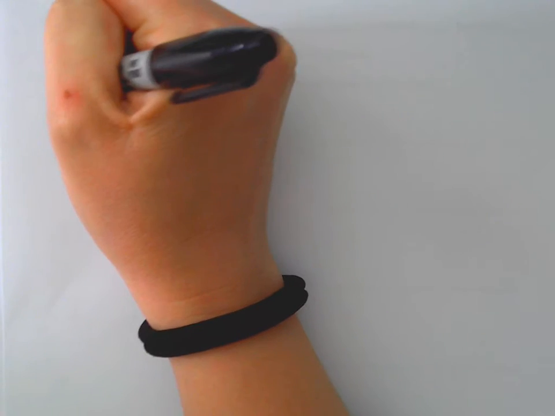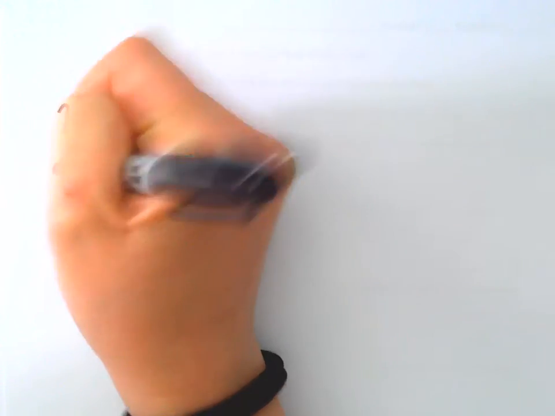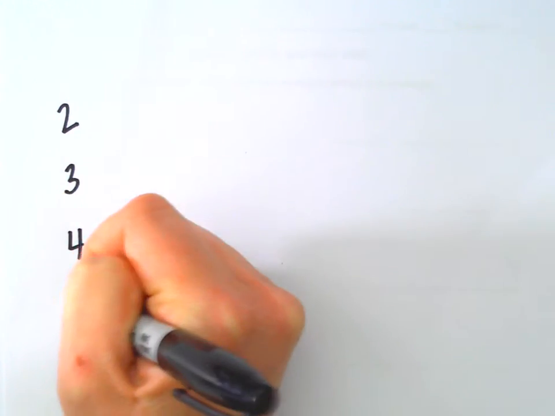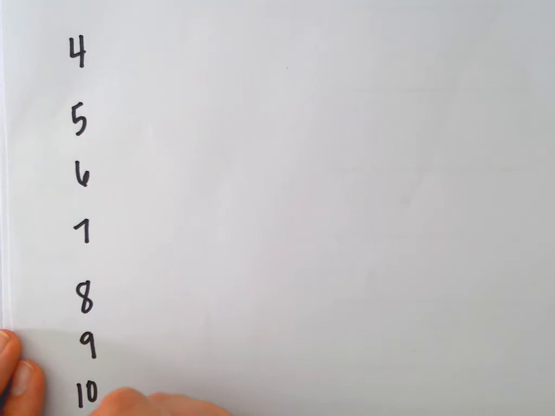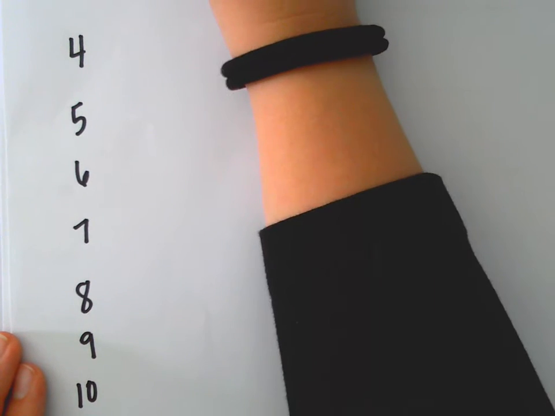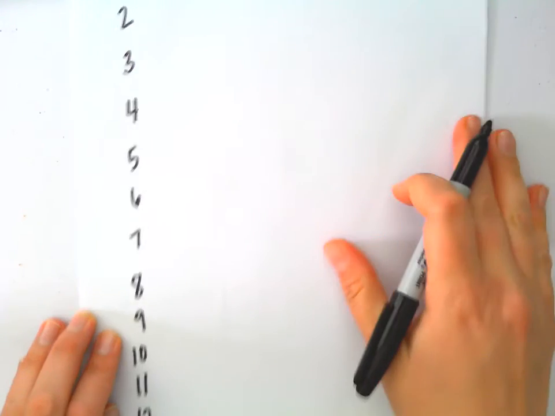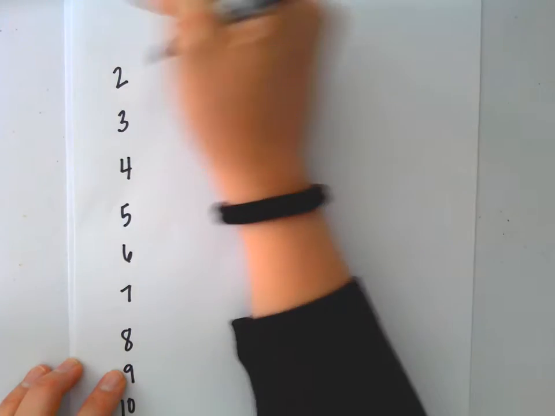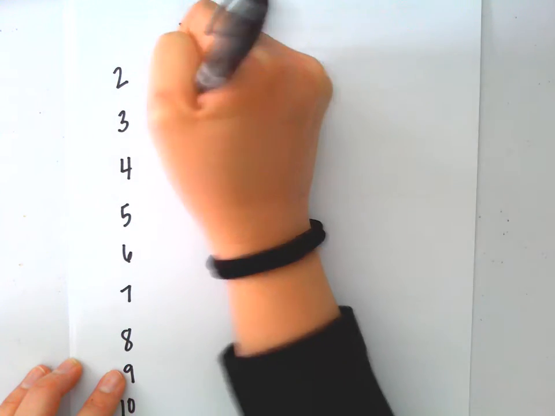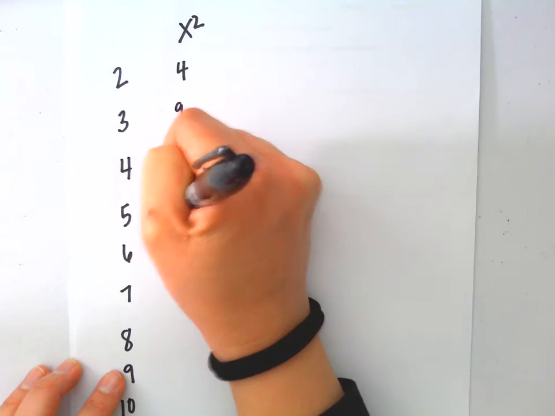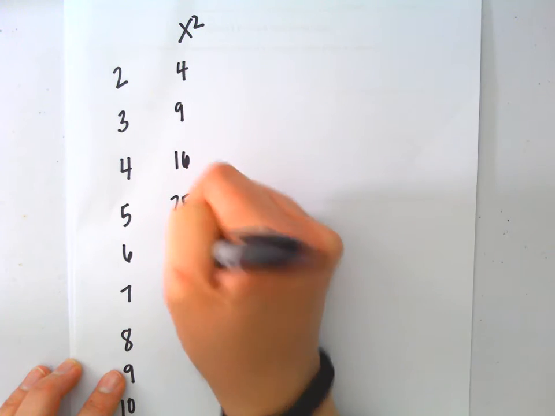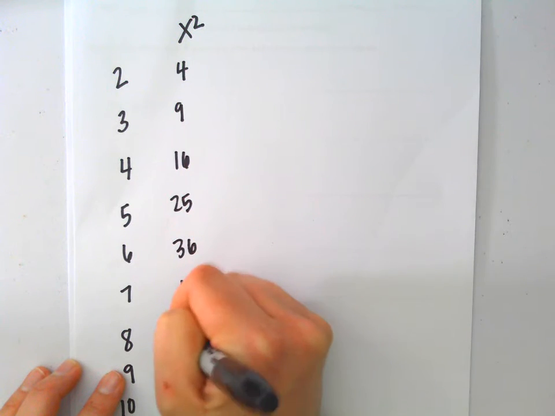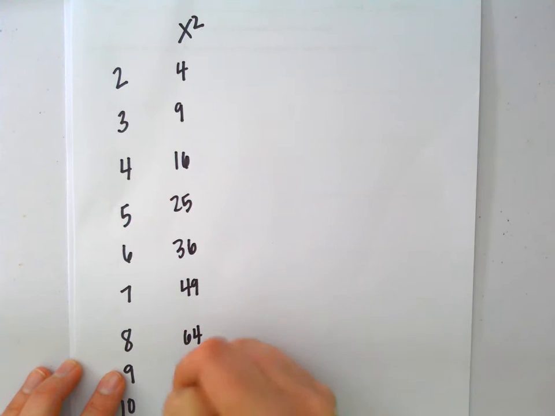If we have, let's see, 2, 3, 4, 5. And so we can figure out, okay, we know all of the x squared terms for all of these. So that would be 4, 9, 16, 25, 36, so on and so on.